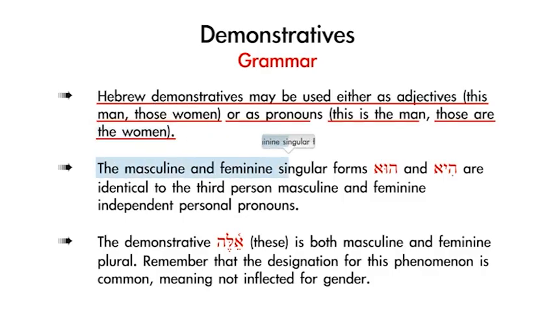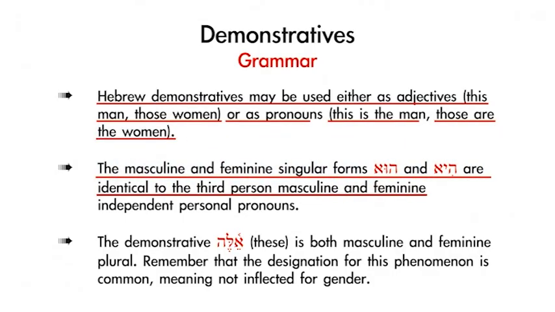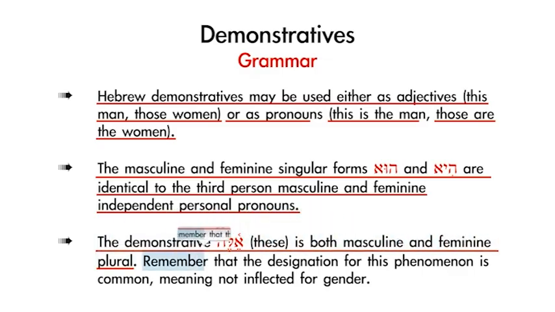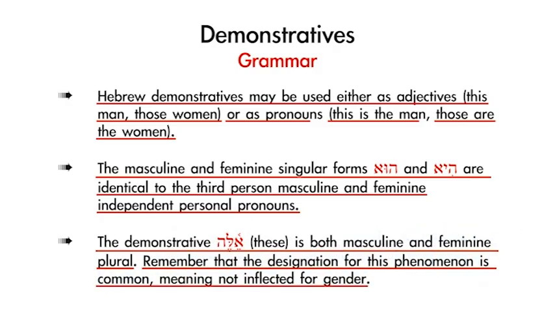Once again, the masculine and feminine forms, hu and hi, are identical to the third person masculine and feminine independent personal pronouns, as well as the plural ones, but these singular ones occur much more commonly. Finally, the demonstrative eleh is both masculine and feminine plural. Remember that the designation for this phenomenon is common, meaning not inflected for gender.